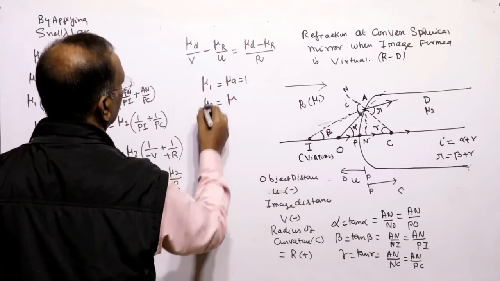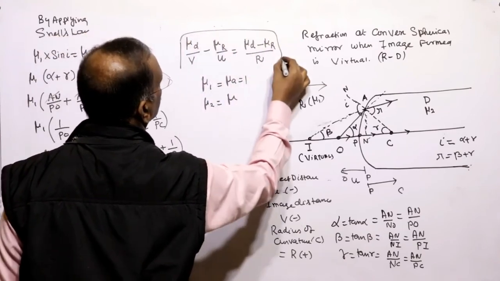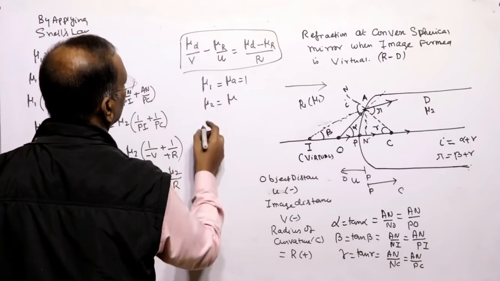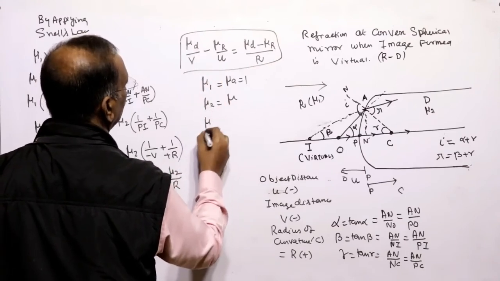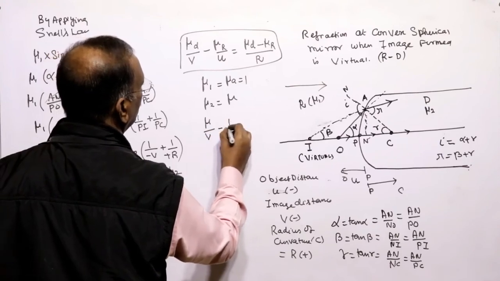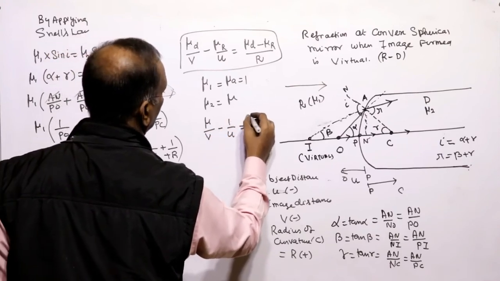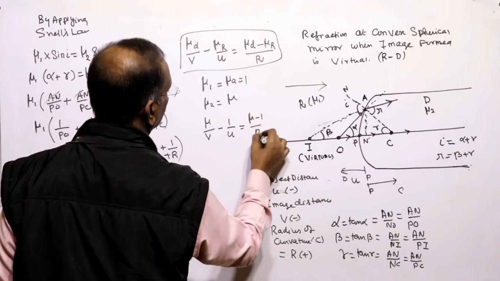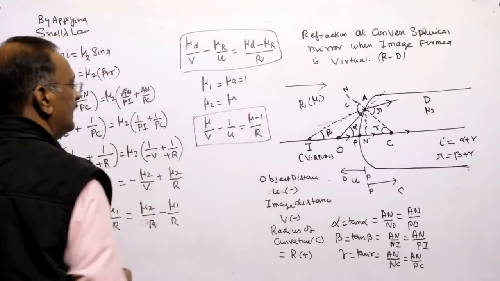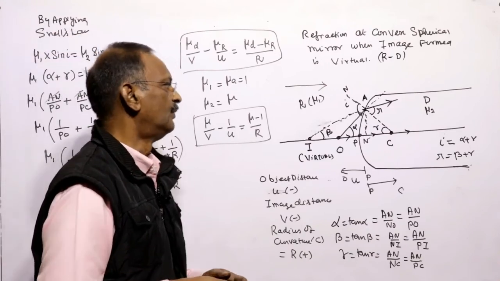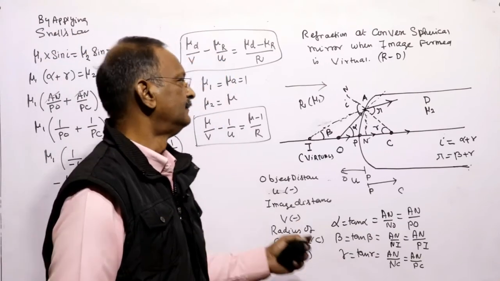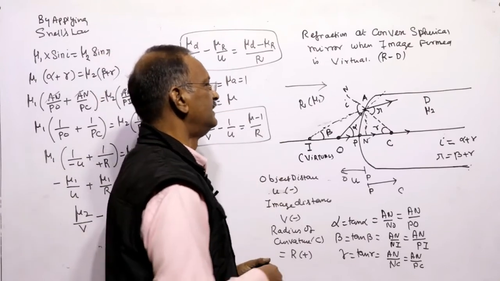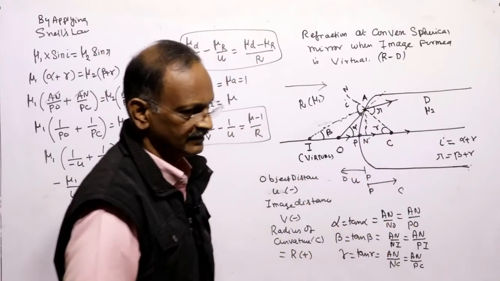So this equation will become mu by v minus 1 by u is equal to (mu minus 1) by R. This is the expression when the object is kept close to the pole and the image is virtual, and the object is in the rarer medium. The refraction takes place on a convex spherical surface. Now we will see refraction when the object is kept in the denser medium.